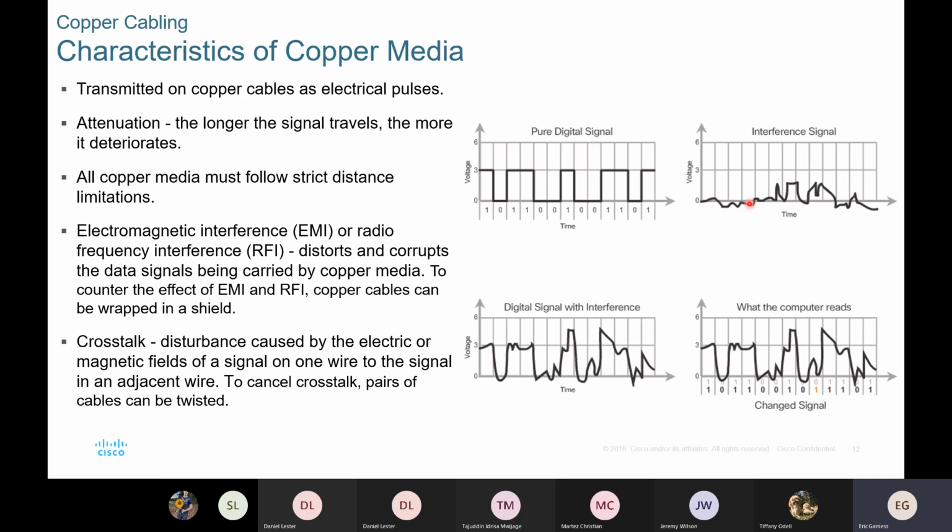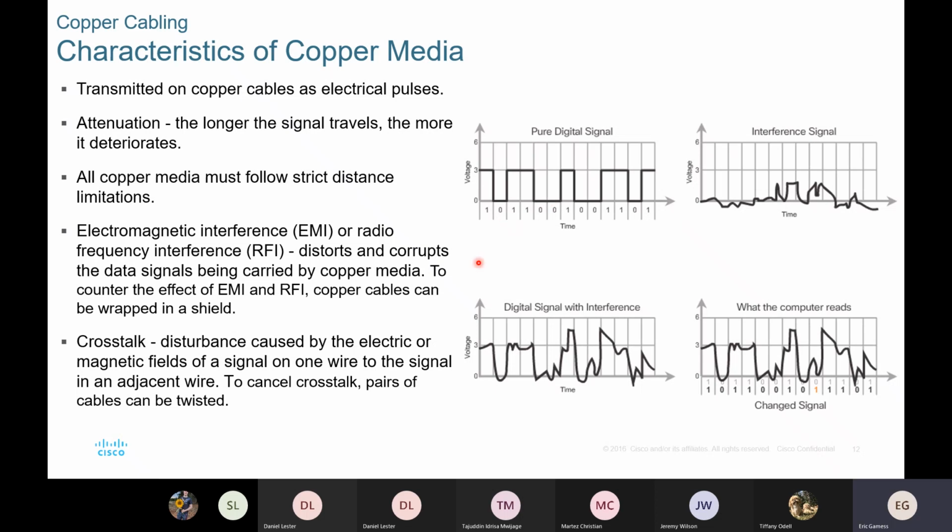So it becomes a signal like that that has lost some strength. And when the signal loses some strength because of the resistance of the medium, we call that attenuation.